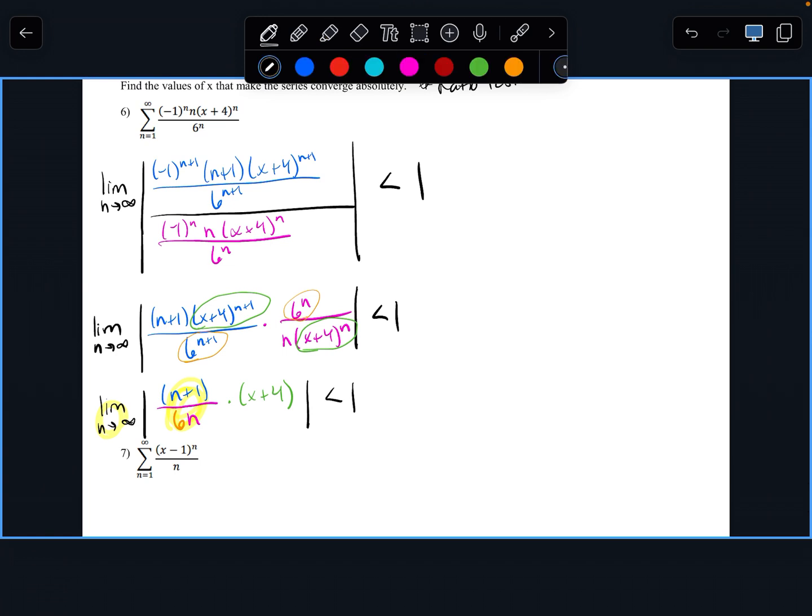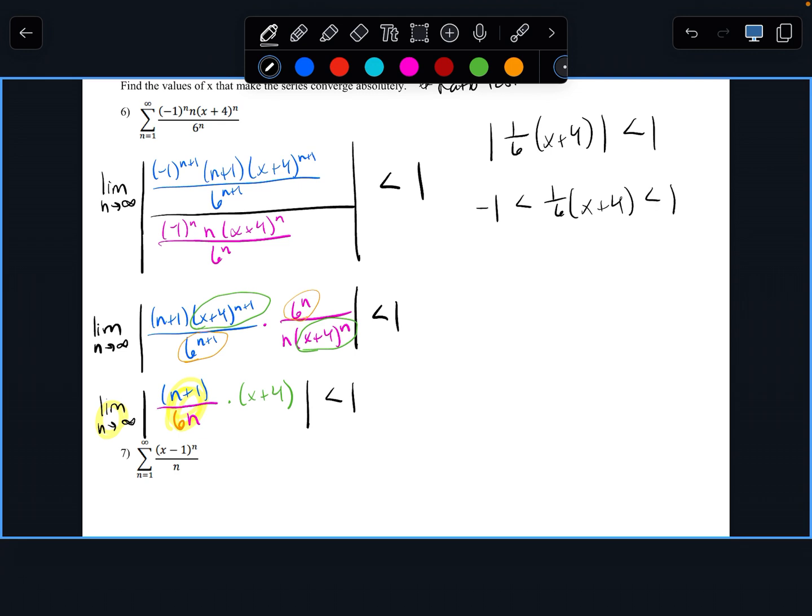Now that you took the limit, you still have your absolute value bars, but you have 1/6 times (x plus 4), less than 1. Now it's just turning into algebra with absolute value. With the absolute value being less than 1, that means this value, to clear the bars, has to be between negative 1 and 1.